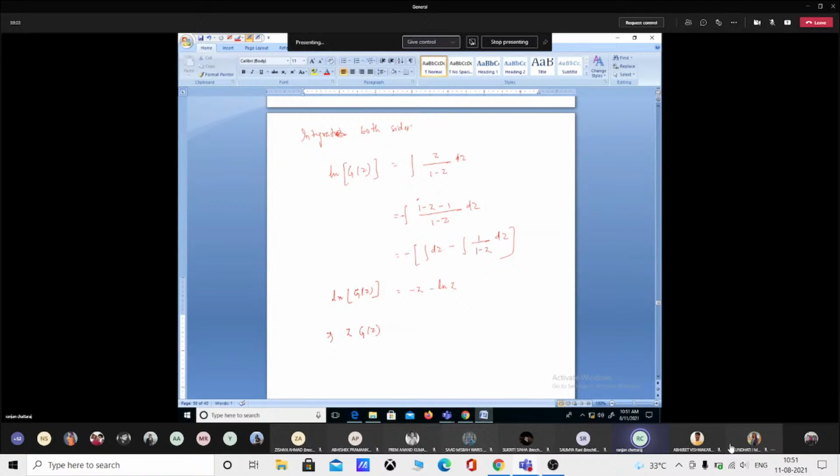So we have gz. This is equal to e to the power minus z, removing the log. So therefore gz is equal to how much? This is plus z.